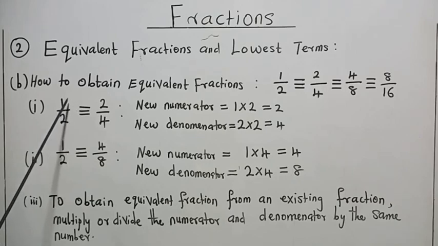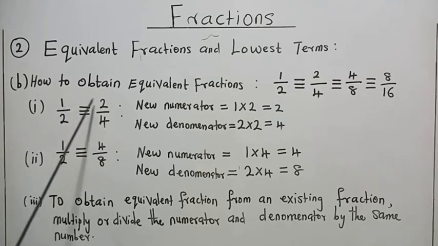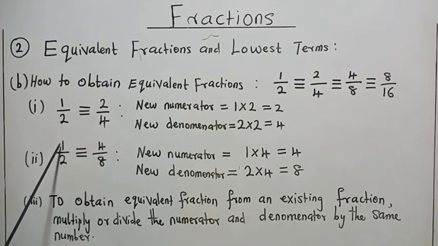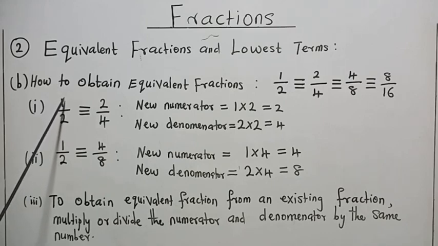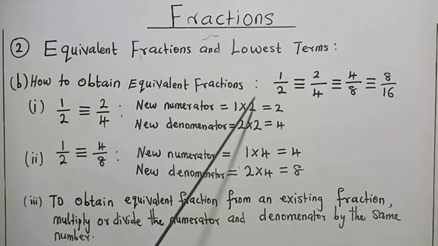Like here, 2 multiplied 1 and 2 multiplied 2 to get these two. Here, 4 multiplied 1 and 4 multiplied 2 to get this. Which means I multiplied both the numerator and denominator by the same number. What was that? It was 2.